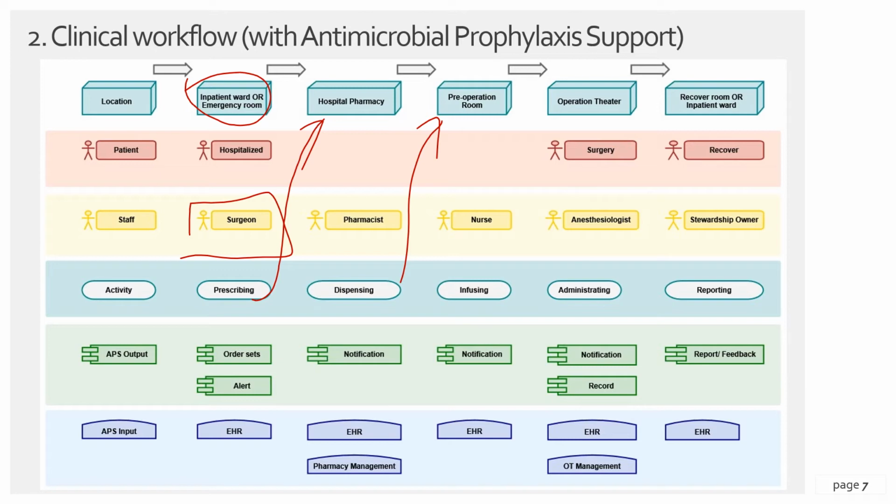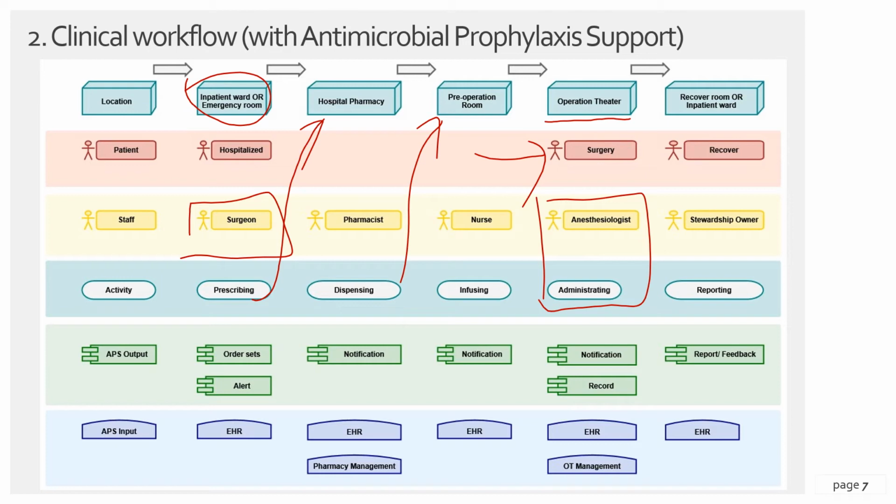And then when the patient is ready to go to surgery in the operation theater, this is when the anesthesiologist will administer the medication into the patient's body to make sure that the antibiotic will be injected within the time frame of 60 minutes prior to the incision time.